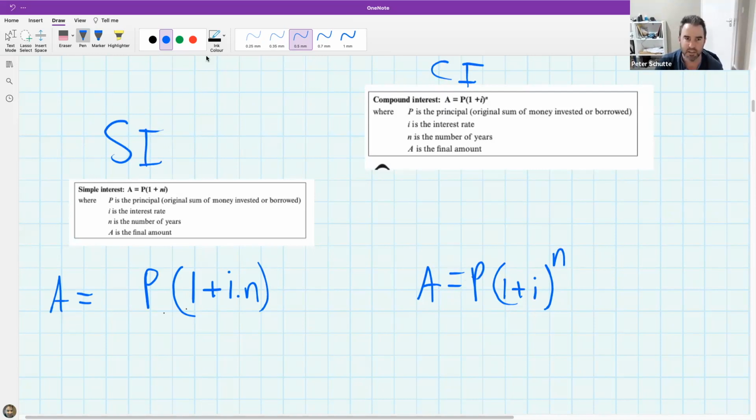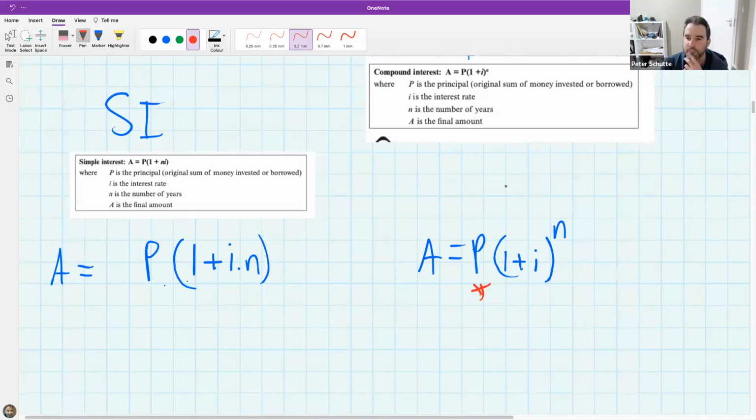Okay, and it's the same thing. The beginning, what you start with is the principal. What you end up with, A, is the final, the I is the interest rate, and the N is the number of time periods. Now, give me a thumbs up if this looks familiar to you. Give me a thumbs down if this looks unfamiliar to you.